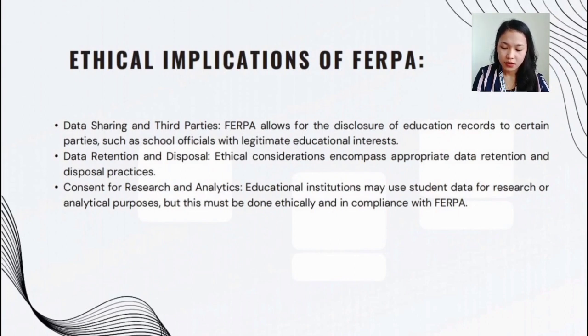Lastly, consent for research and analytics. Educational institutions may use student data for research or analytical purposes, but this must be done ethically and in compliance with FERPA. So in all, FERPA aims to protect the privacy and rights of students and their families.